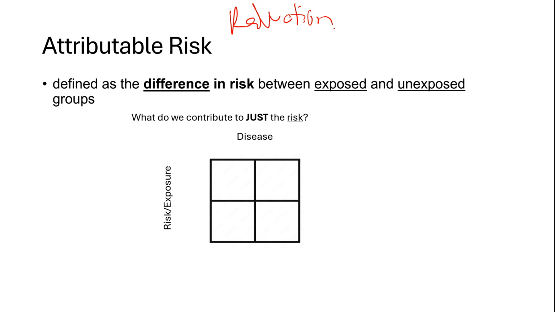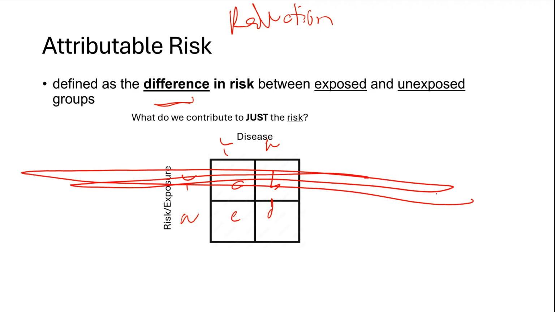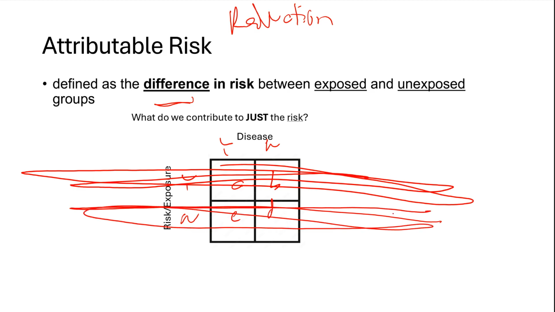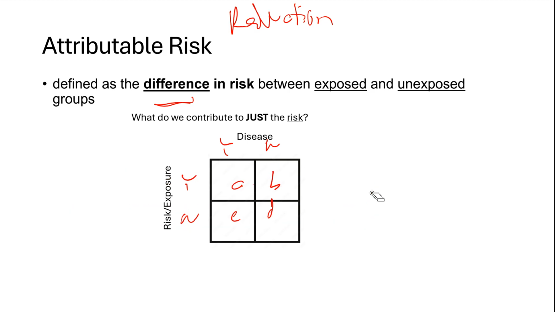So I'm going to draw out my little boxes here. I put yes and I put no. I put A and B and C and D. So what exactly is attributable risk? Attributable risk is the difference, or the subtraction, between the exposed, this would be my exposure or my risk up here, minus my unexposed. So what does that come out to?